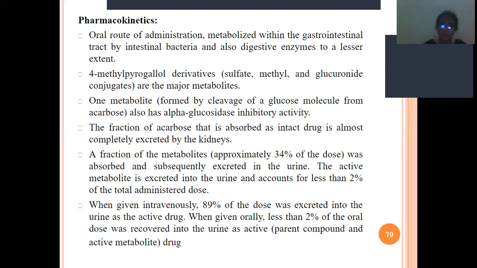One metabolite also has alpha-glucosidase inhibitory activity. The drug is observed as intact drug and mostly excreted by the kidney.